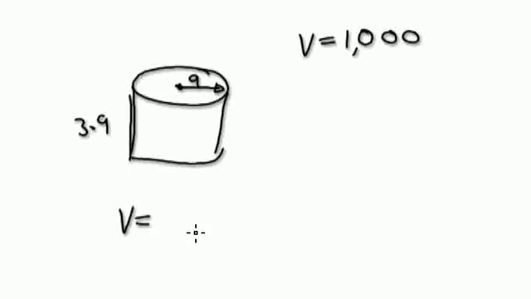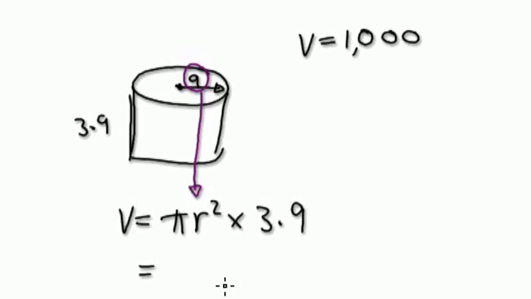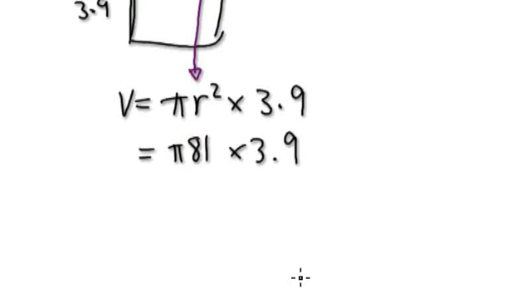So what's the volume? Well, the volume equals pi r squared, which is the area, and then we've got to times it by h, which is 3.9. Now r is 9, so put the 9 in, which would be pi times 81 times 3.9.